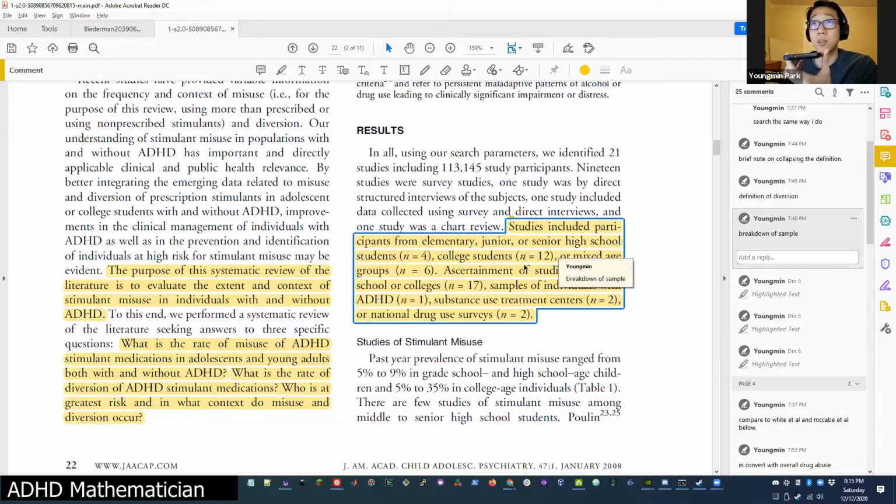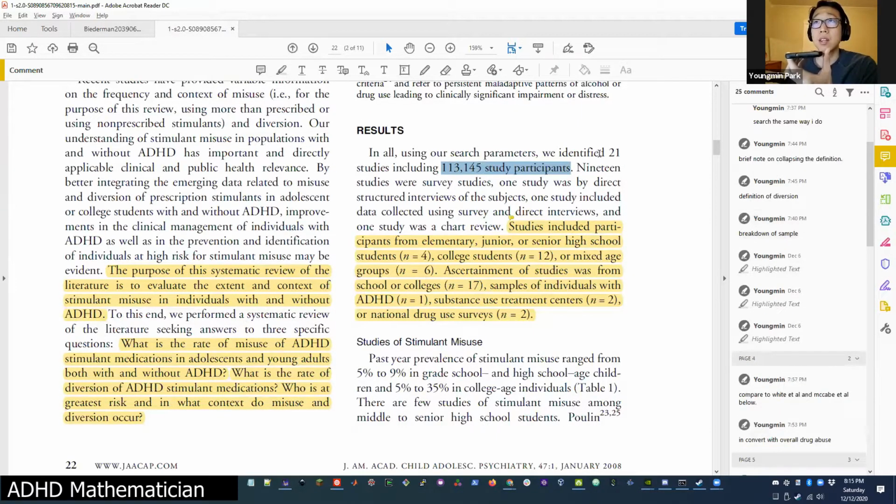As for the actual data, they found 21 studies that fit the criteria they were looking for. This included 113,000 study participants, pretty good sample size. For these different studies, there's a different breakdown. 4 of them had high school students, 12 of them were about college students, 6 of them included mixed age groups, 17 were from schools or colleges, and one was from a sample of individuals with ADHD.